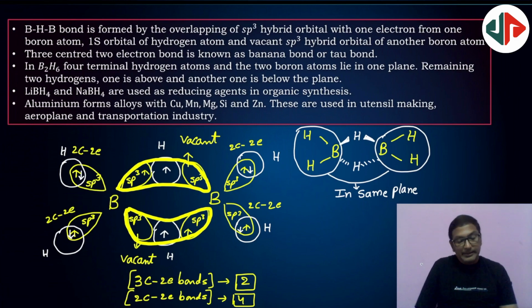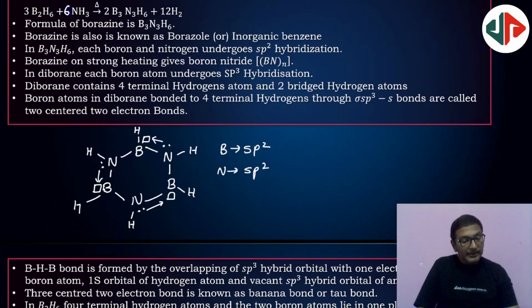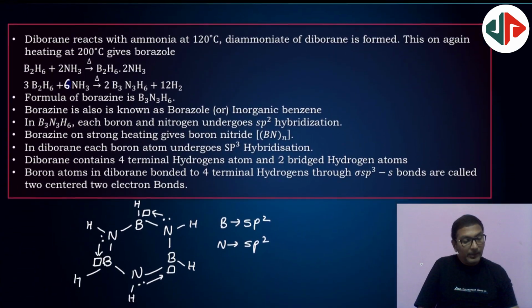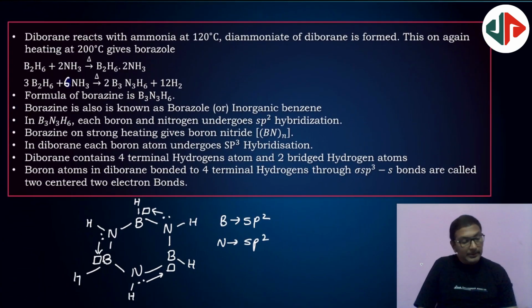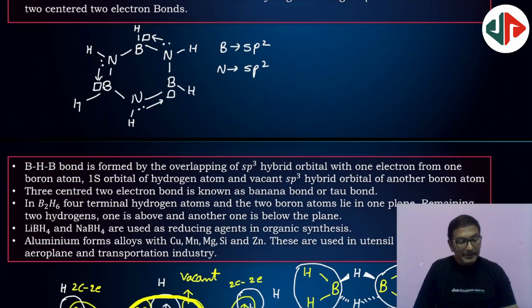Now check the points. Here these are the points. See here, in diborane, each boron atom undergoes sp3 hybridization. So diborane contains 4 terminal hydrogens and 2 bridging hydrogens. Terminal means last.